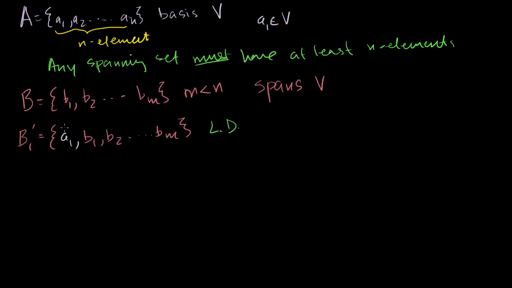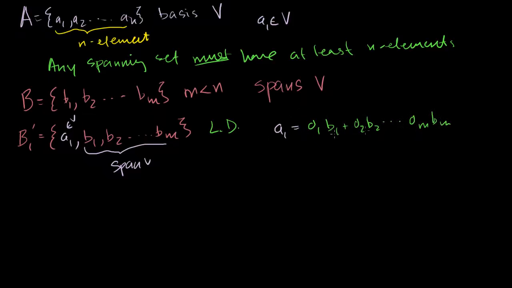So A1 is in V, and if the b's span V, then by definition some linear combination of them can be used to construct any member of V. So you can take some linear combination of these to construct A1. You could say A1 is equal to d1 b1 plus d2 b2, all the way to dm bm, where the d's are constants.